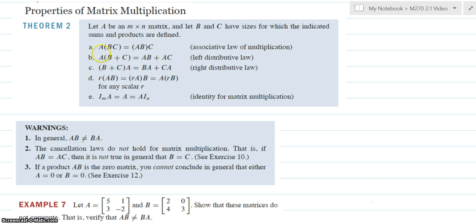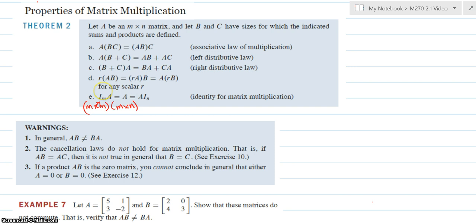A distributive property both ways, and the identity matrix times any matrix. The reason they have I_m is that if A is an m by n matrix, then I is an m by m, and that would work.